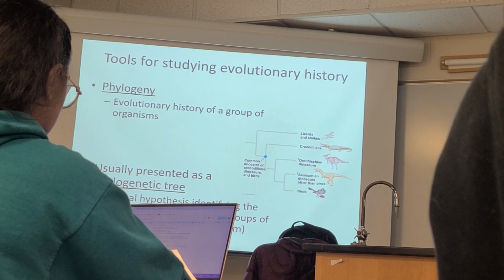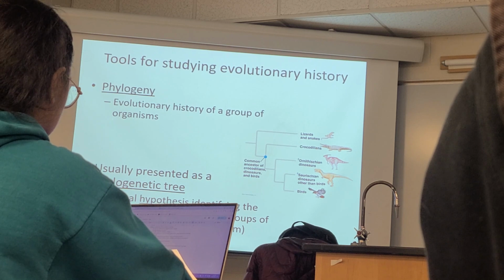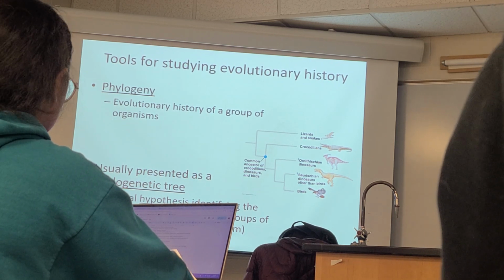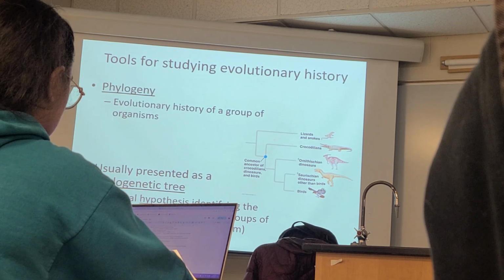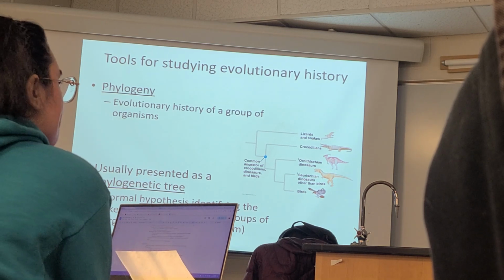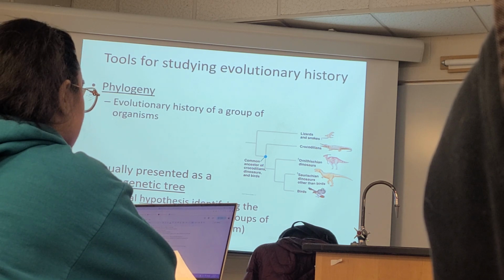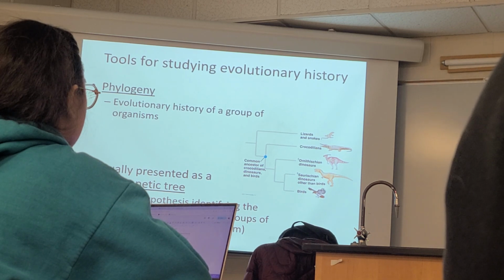So if we've made a phylogenetic tree based on the data we currently have, but a couple years later we get some more data, new sequences of DNA that we can include in there, we realize, oh, that doesn't match up with what they had before, you can change it, right? But now your new tree needs to match both the current data that you just received, but also the old data as well. Just like any hypothesis, you have to revise it so that it matches all of the existing data at that point. So we could never prove this. We never know if this is exactly how they're related.